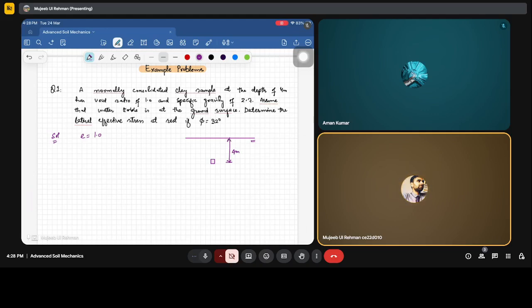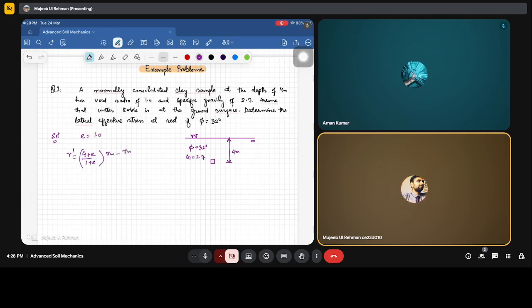The water table is at the ground surface, and phi is given as 32 degrees, G is 2.7. First of all, it's required to determine the unit weight of the soil. It will be a submerged unit weight because the water table is at the ground surface and we are dealing with effective stresses. So gamma dash is equal to (G plus e) divided by (1 plus e) times gamma w, minus gamma w.